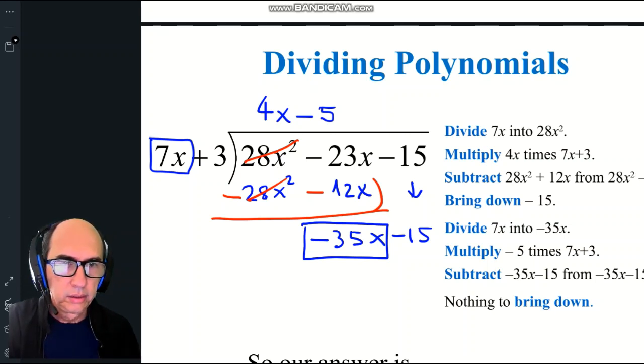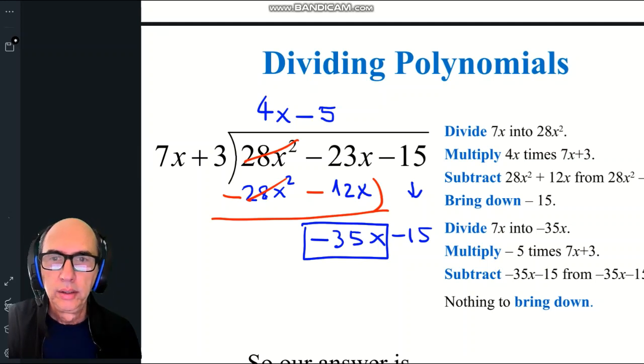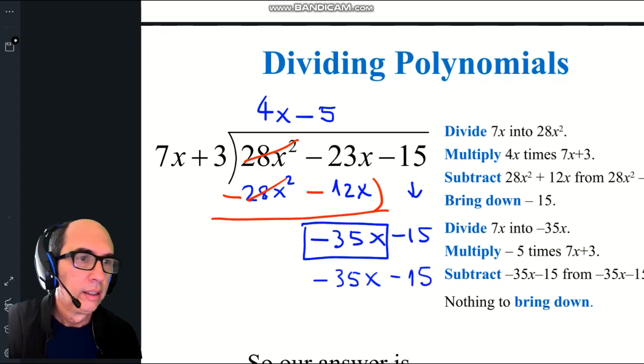And next step, multiply, but multiply by all terms in the divisor, both terms. Negative 5 times positive 7x, negative 35x. Negative 5 times positive 3, negative 15.